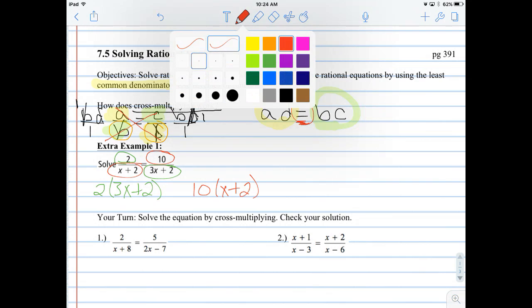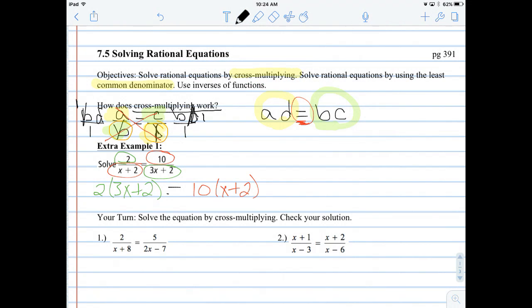So these two products have to be equal to each other. Now we distribute: 2 times the 3x, we get 6x. The 2 times the 2, which is 4, equals, and then here we'd have the 10 times the x, which is 10x, plus the 10 times the 2, which is 20. So I have 6x plus 4 equals 10x plus 20.